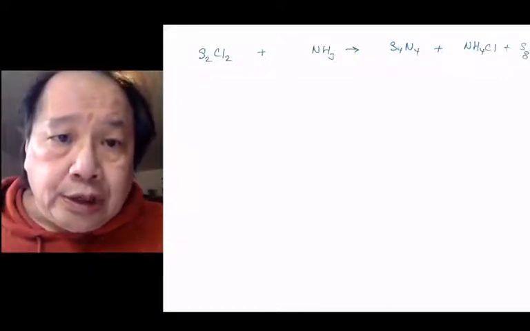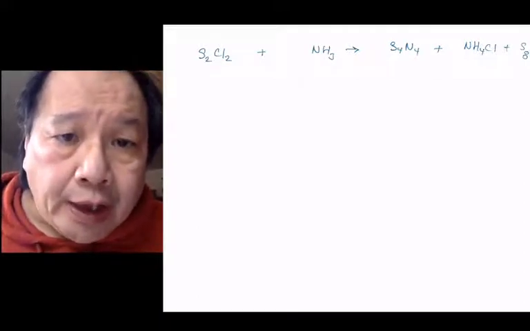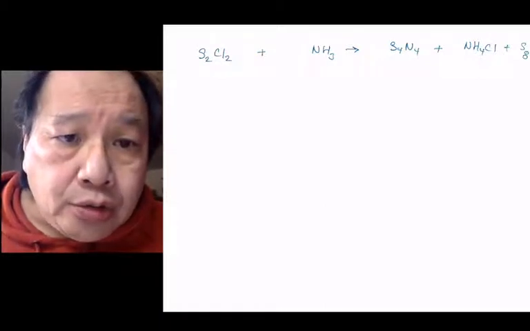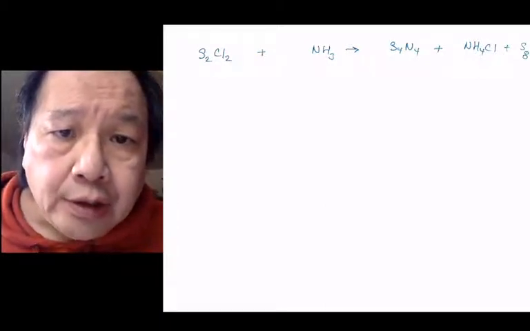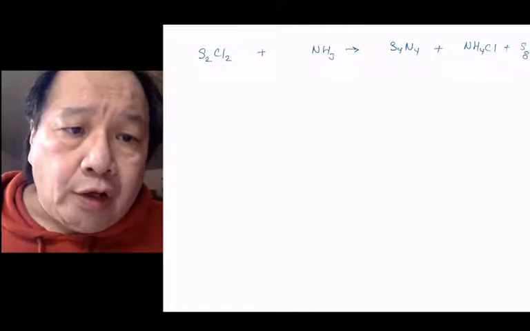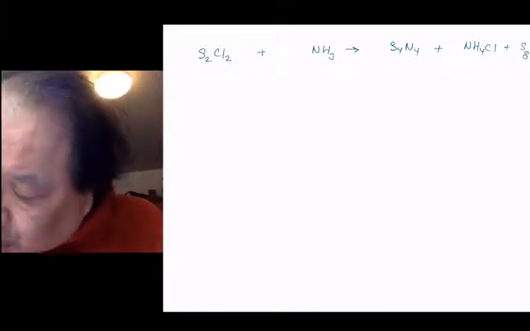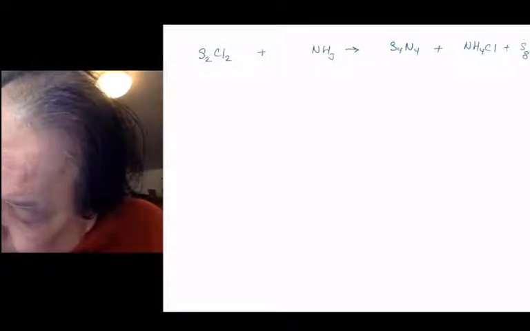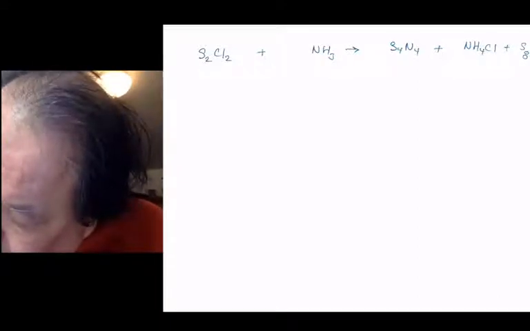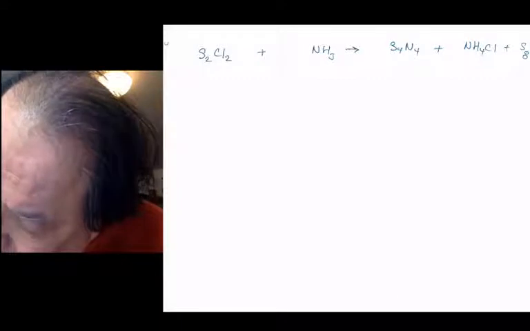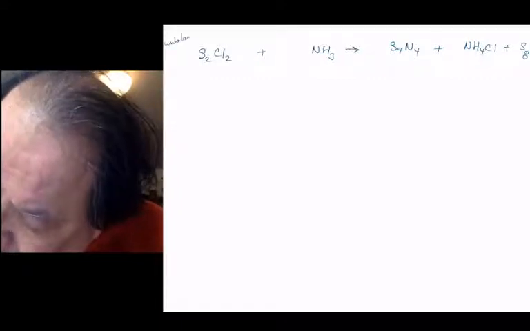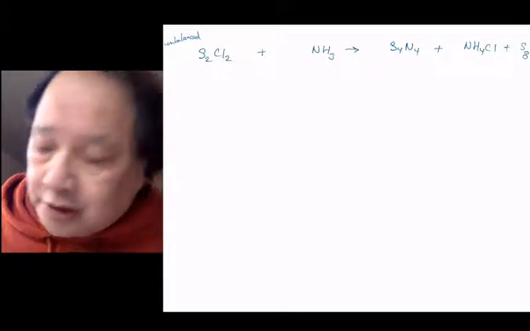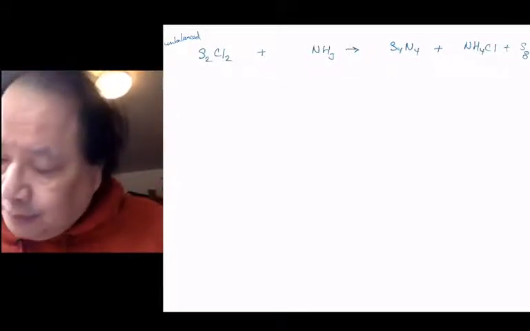And as you can see in this reaction, as written, there are 2 sulfurs on the left side and 12 sulfurs on the right. This is called an unbalanced reaction. Unbalanced because we do not have the same number of atoms on both sides. That word that's hard to read is unbalanced.